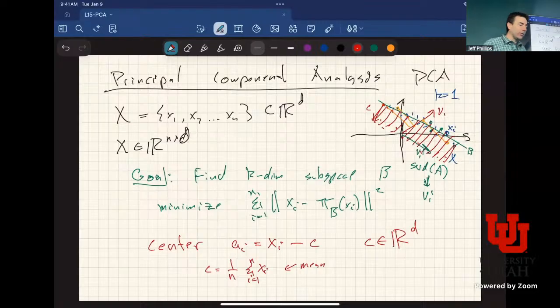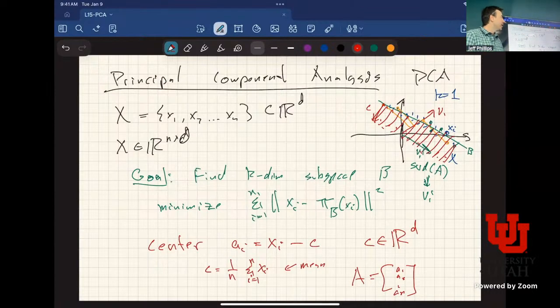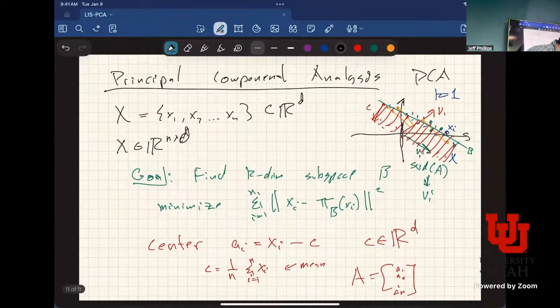This now gives me a matrix A, which is A1, A2, up to An. I run the SVD on A, and the subspace I get out turns out to be the one that minimizes this. This algorithm where you center and then run SVD is called PCA.